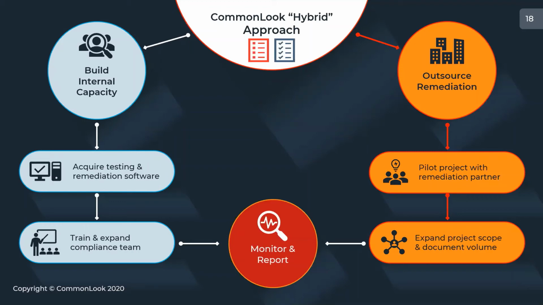So our ratio for organizations is much higher for our Office tool than our PDF tool. The reason for that is the goal is to get an entire organization to really think about accessibility at the creation point. You're alleviating a lot of work on the back end. And then when you have this process in place, you have your smaller group that's doing specifically PDF remediation. So all of those documents that were already converted into a PDF, they're not urgent.